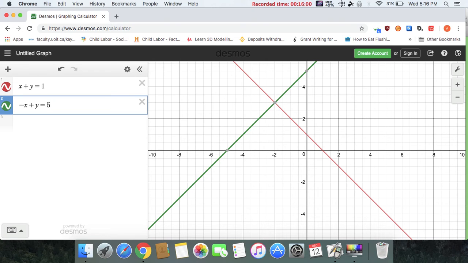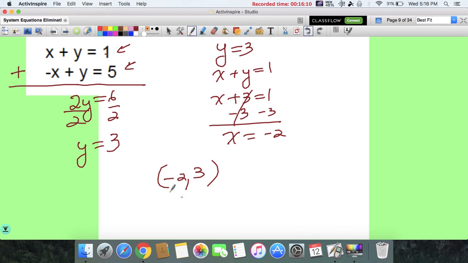So where do these two lines meet? And you can tell the lines meet right here, and it says that's negative 2, 3. Let's see if that's what we have. Yep, negative 2, 3. So manually we're finding the point of intersection between these two lines, and that's our task today.